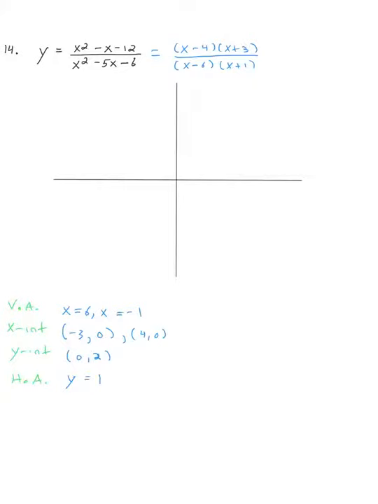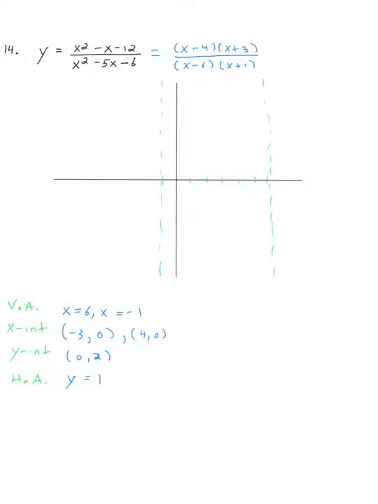And if I graph all this stuff, I have negative 1 and 6, the location of the two asymptotes. What else?